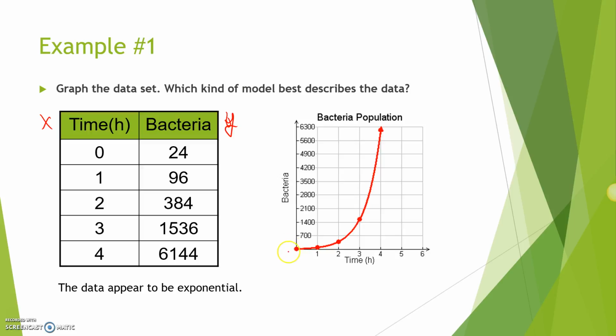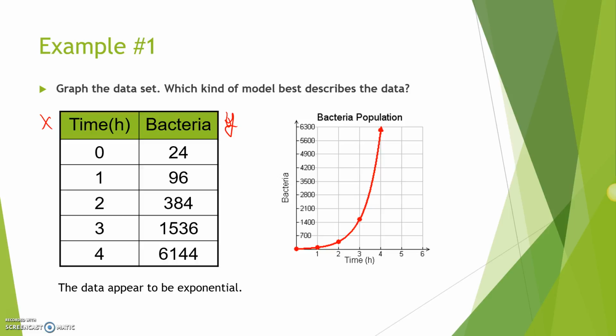So you'll notice we have a curve. At 0, it's going to be 24. Notice they go pretty high up in the bacteria. So notice how they graphed the y-axis here. Since this creates a curve, this is going to represent an exponential graph right here.